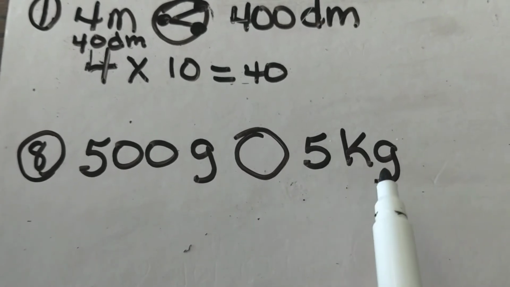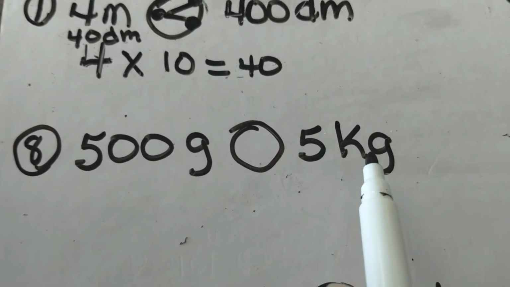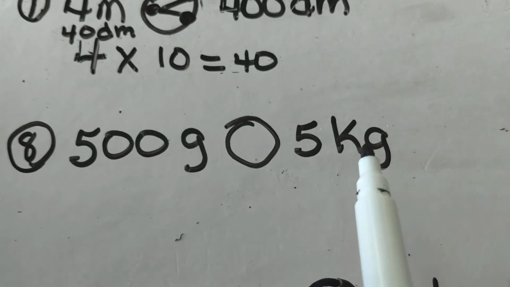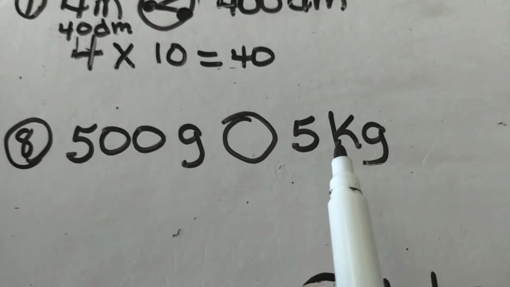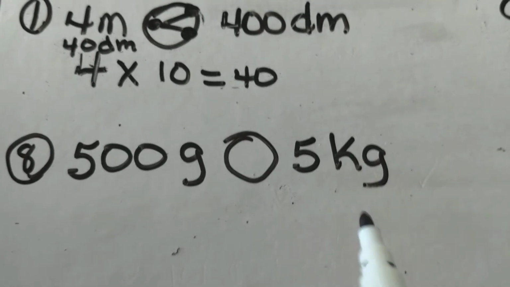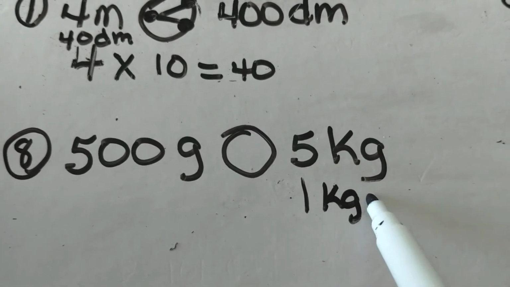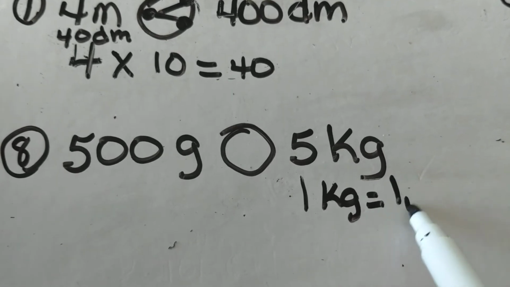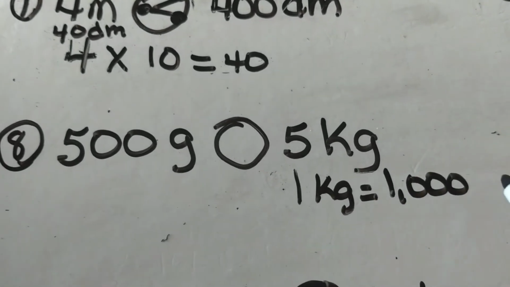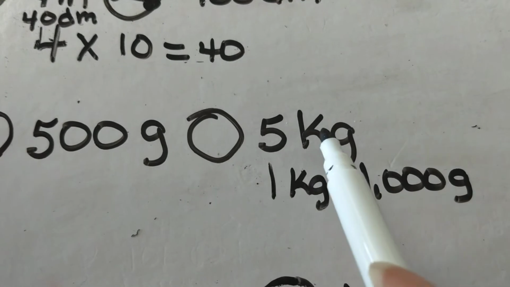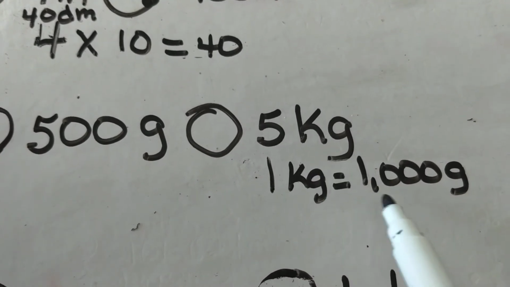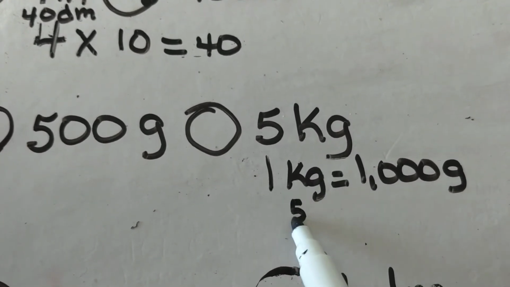We just need to look at this, concentrate on this number right here and this unit of measurement. Think about kilograms. How many grams are in a kilogram? Remember, 1 kilogram equals 1,000 grams. And if I've got 5 of them, it's going to equal 5,000 grams.